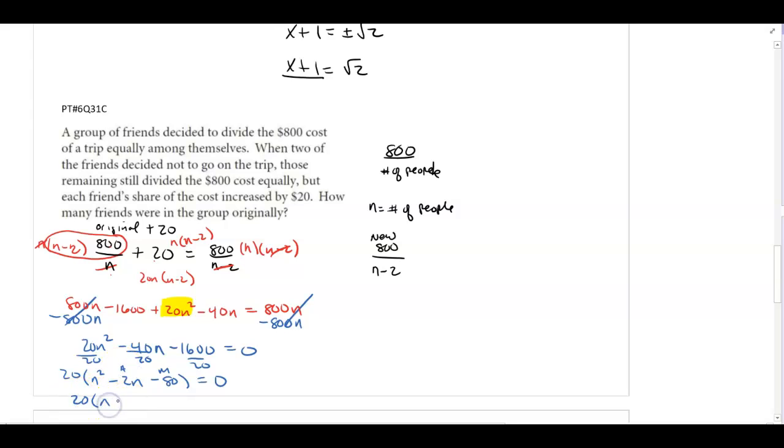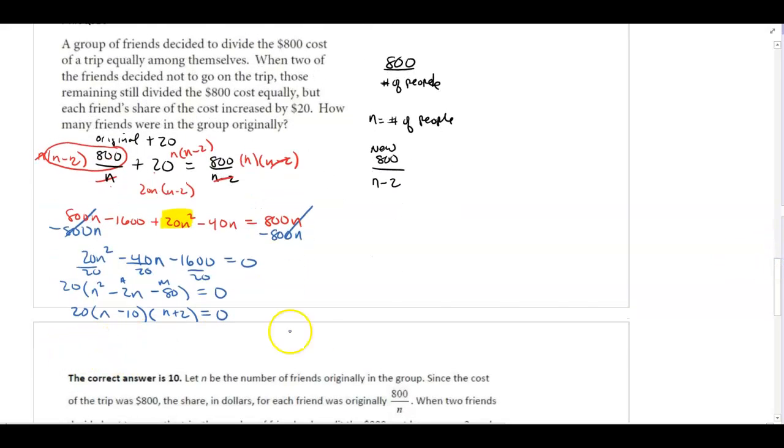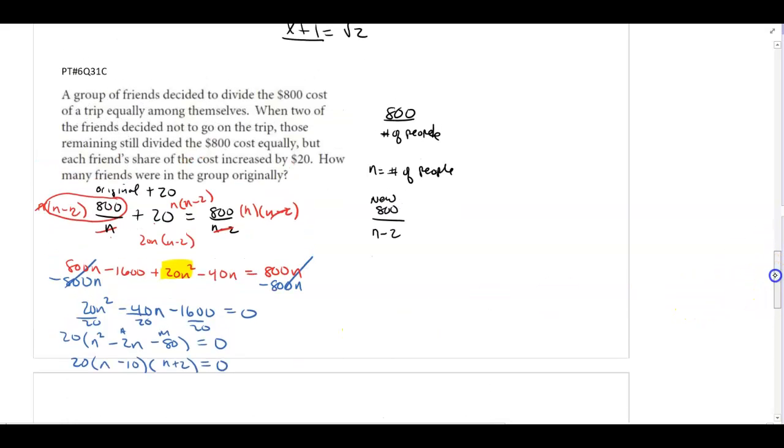And that would be n minus 10 times n plus 2 equals 0. And if I go and solve this, I would get n minus 10 equals 0, n plus 2 equals 0. So n equals 10, n equals negative 2. So right here, there originally was 10 people.